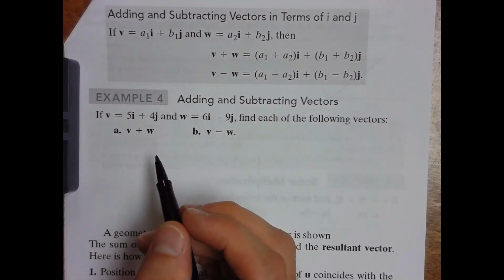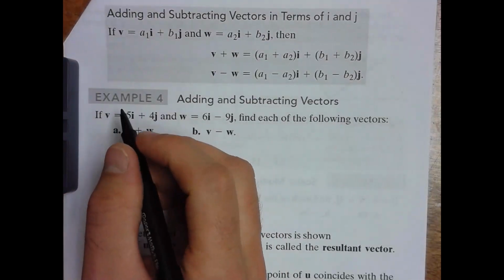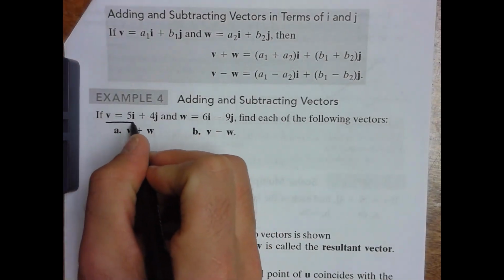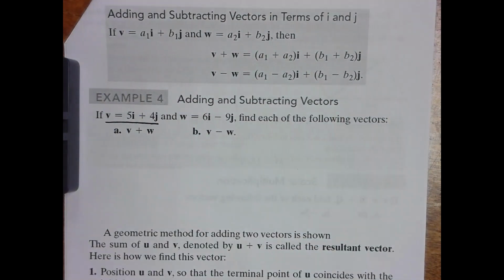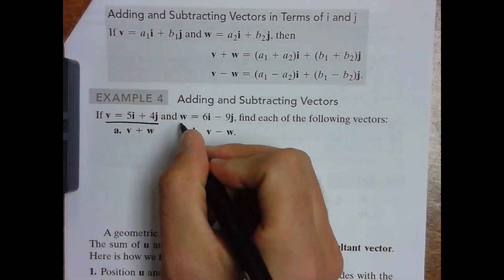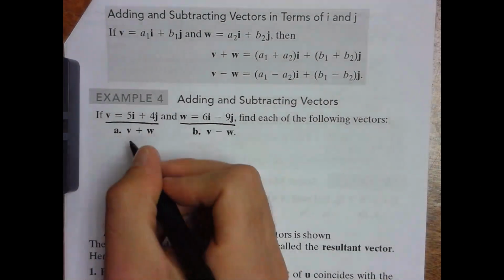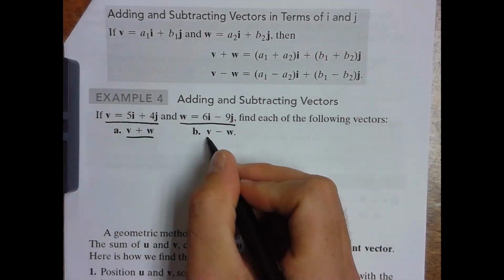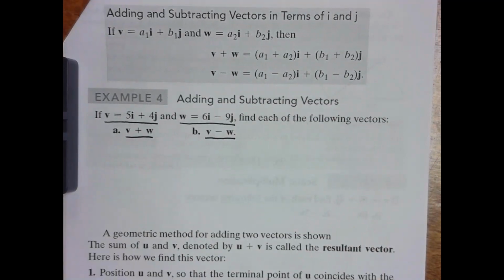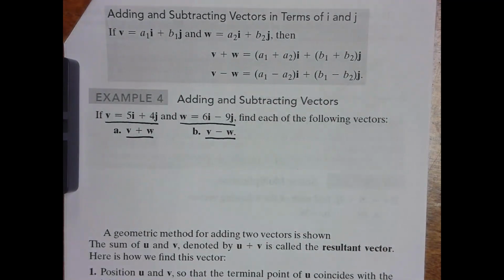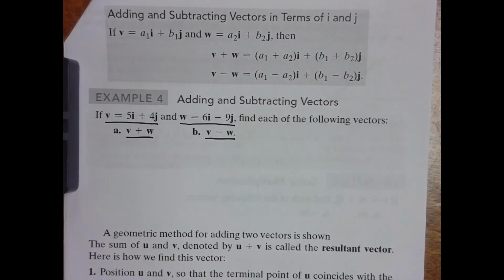So let's jump straight to the example where I have vector v equal to 5i plus 4j, vector w equal to 6i minus 9j, and we're going to find v plus w and then v minus w. And again, all we're going to do is add the horizontal components together and add the vertical components together.